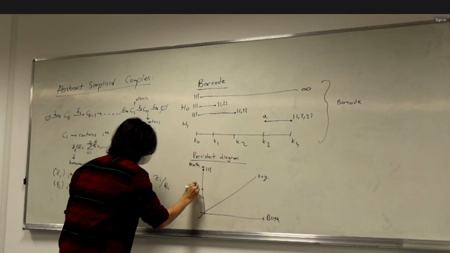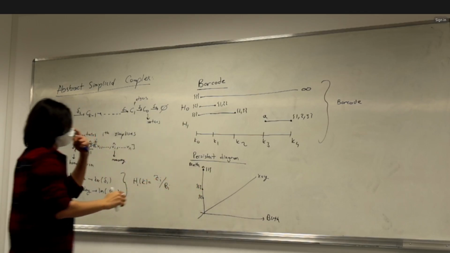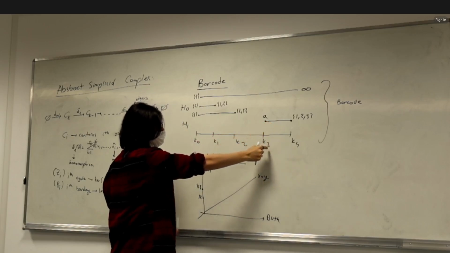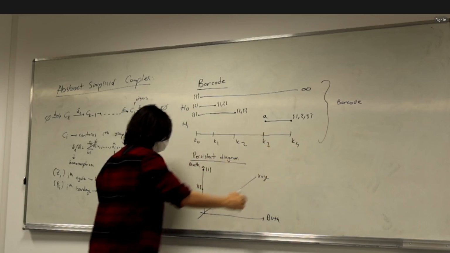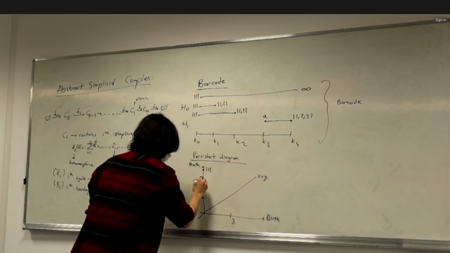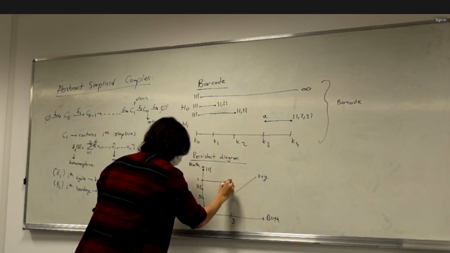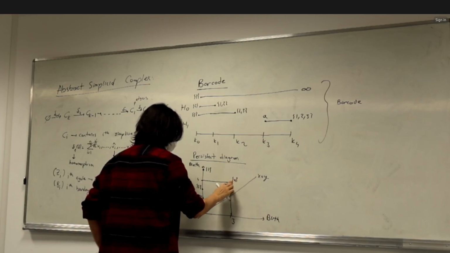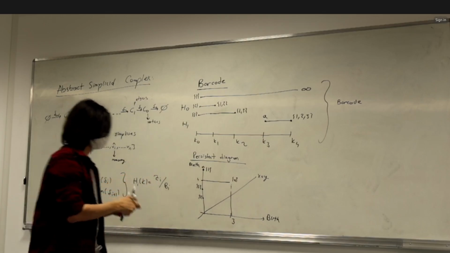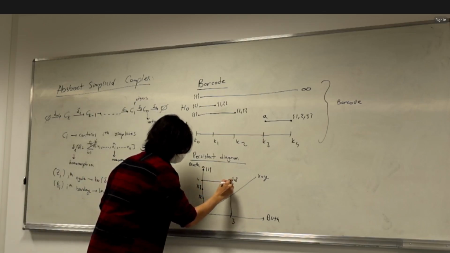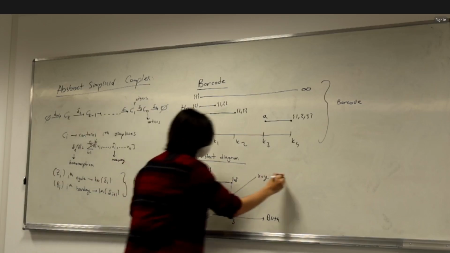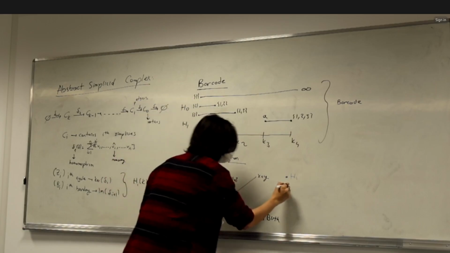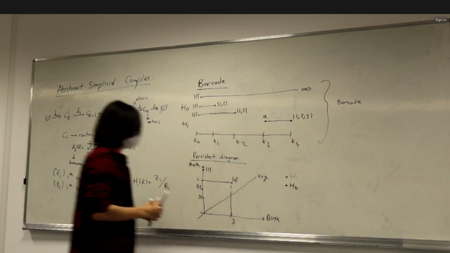Similarly for 3, we have 0,2, and for this cycle, we have a birth at 3 and death at 4, so it goes here. I should denote it by a different color. Here the blue ones are H1 homologies and the black ones are H0 homologies.